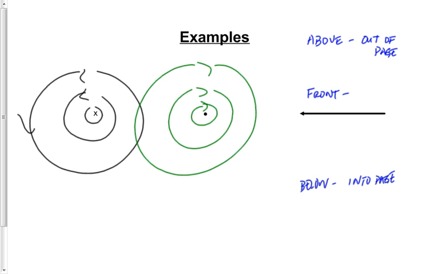In front of the wire, my fingers pointed downwards toward the bottom of the page. And behind the wire, my fingers pointed, if we look at that, if this is my wire and this is the plane of my page, my fingers behind it pointed toward the top of the page or up the page.